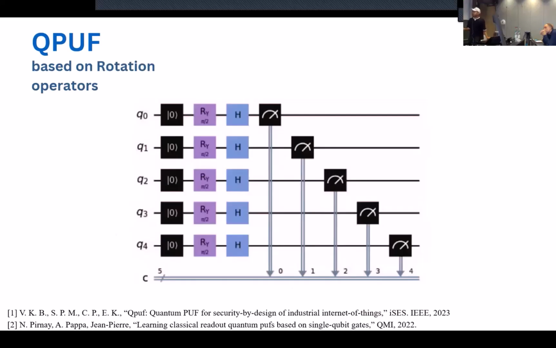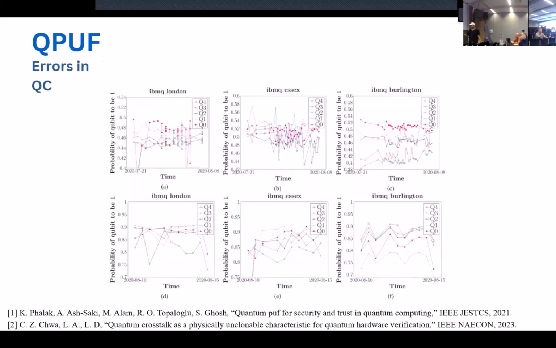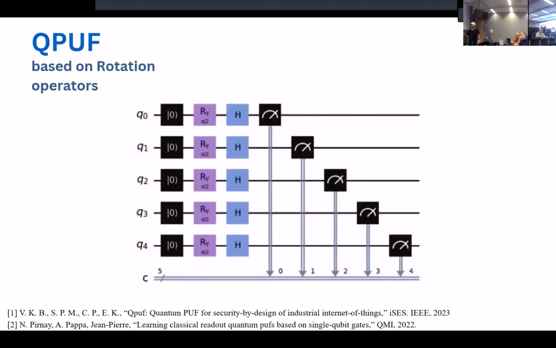They encode the challenge into some kind of circuit, run this circuit on the device, and try to find out the error profile of the circuit. For some types of error, it turns out that if we run this circuit again, we get the same error profile for the same device.